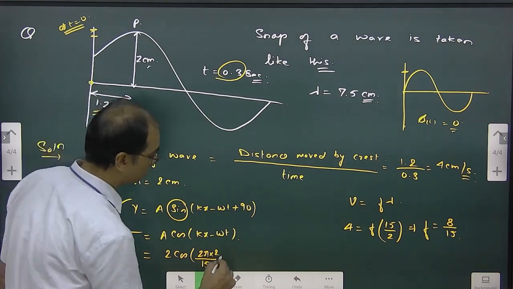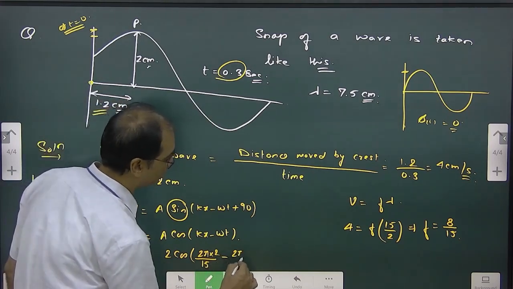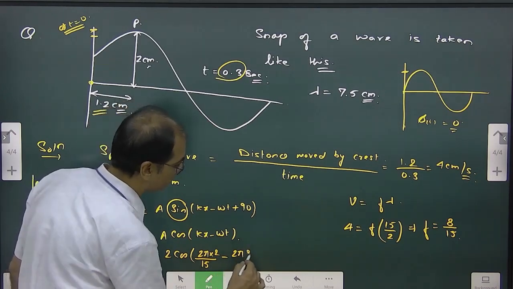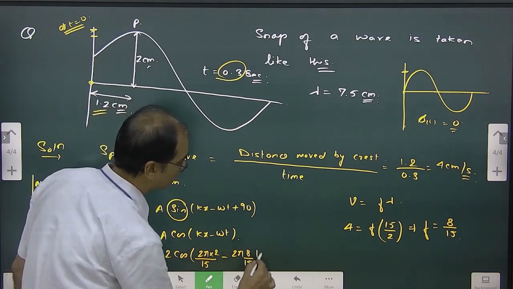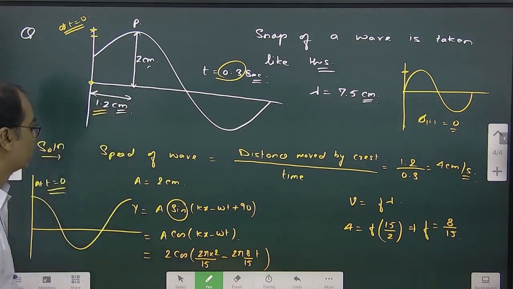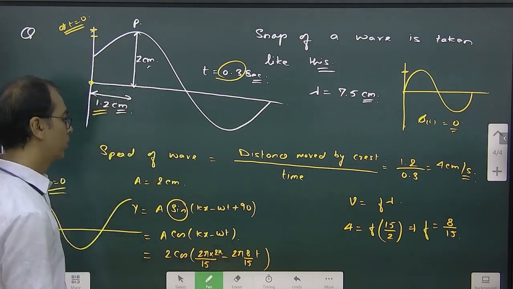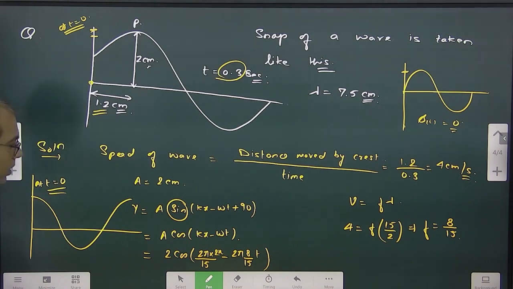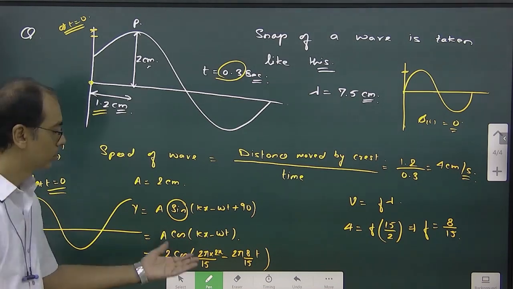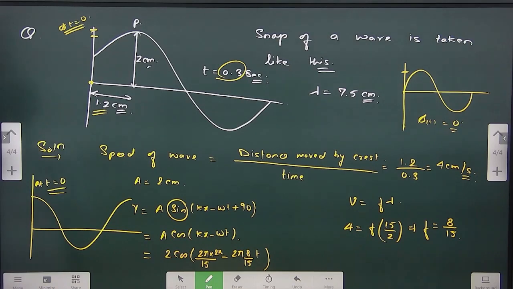So 15 by 2 minus 2 pi into frequency, what is frequency? 8 by 15. So 8 by 15 into t. This is the wave equation. So 2 cos 4 pi by 15 into x, I forgot to write x here, right? 4 pi x by 15 minus 16 pi t by 15. This is your wave equation. Is it clear? Yes, sir. Okay, note that.